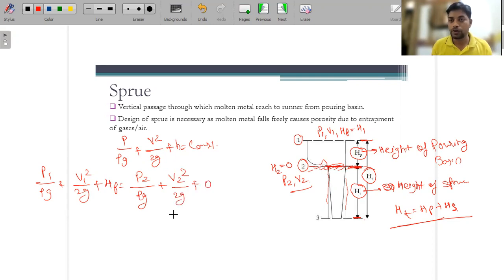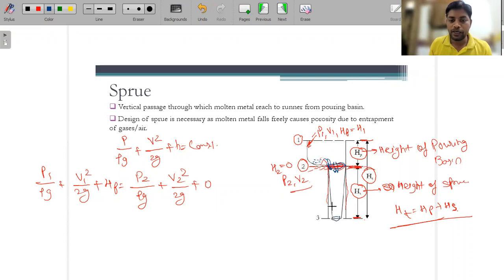So this is 0. Now if you will see that when we are pouring the molten material from the ladle, that will be atmospheric pressure only. Here this will also be the atmospheric pressure, right? Because the molten material is coming from this side, this molten material is filled up to this, and this is coming to this side. So here it also be considered as atmospheric pressure.